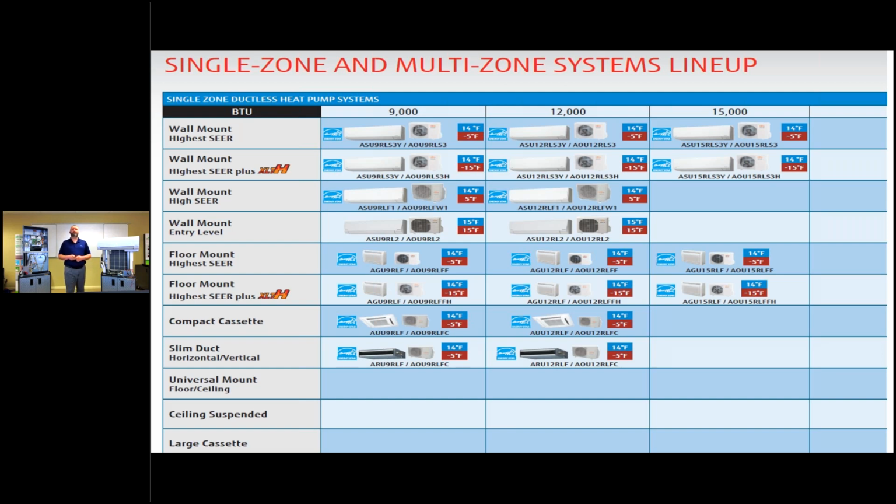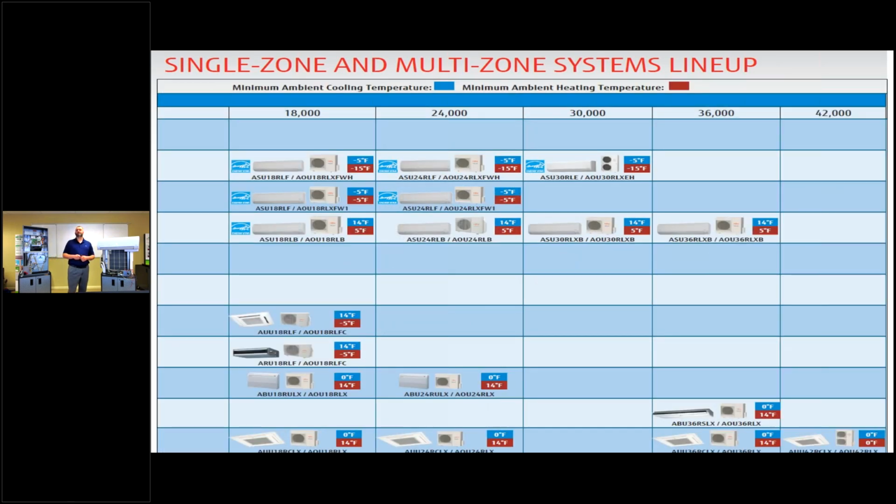Those are also available in an XLTH, or extra low temperature heating. We have our compact cassettes in 9 and 12, and our slim ducts also in 9 and 12. Getting to the larger sizes, we have an 18, 24, 30, and 36 available in a wall mount.